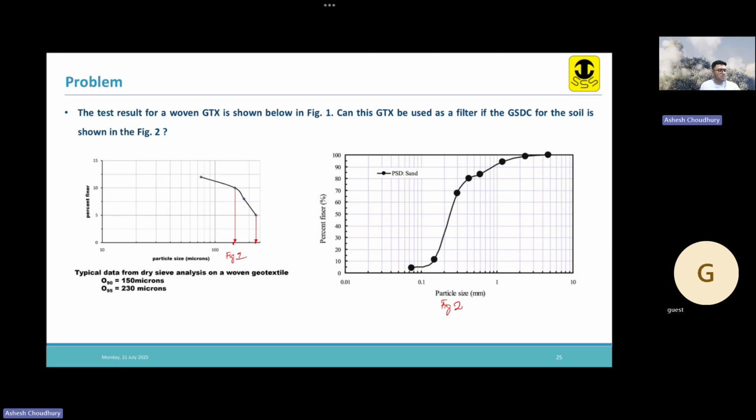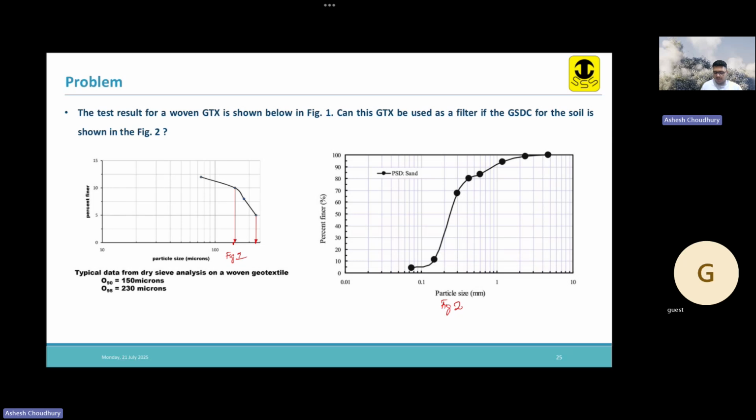O90 size is 150 microns and O95 size is 230 microns.